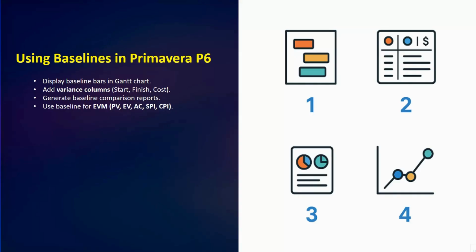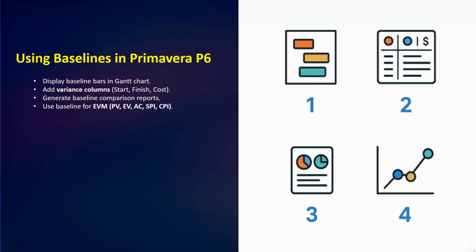Okay, after that we have generate baseline comparison reports. Primavera P6 allows you to generate baseline comparison reports, which can be shared with stakeholders for status updates. Last, we have use baseline for EVM: PV, EV, AC, SPI, CPI. Most importantly, baselines are essential for earned value management as they provide the planned value.